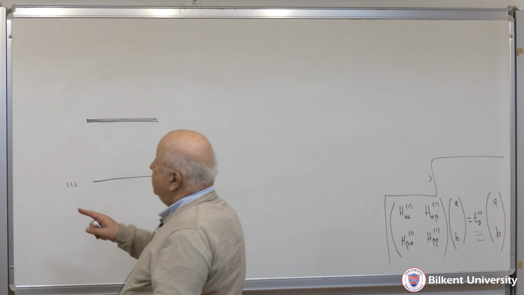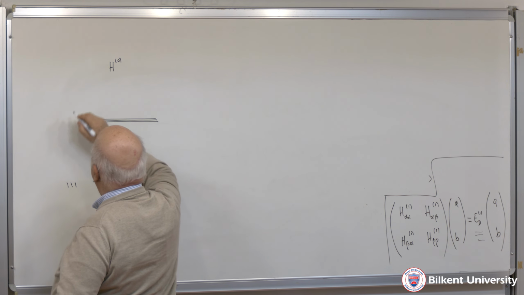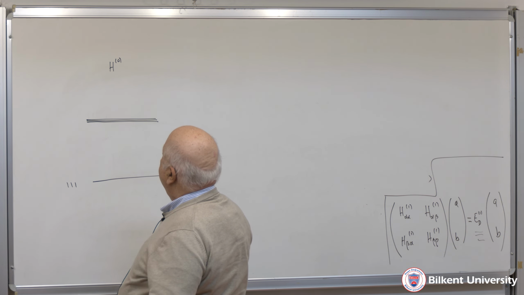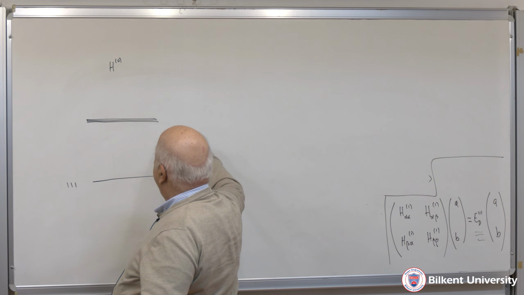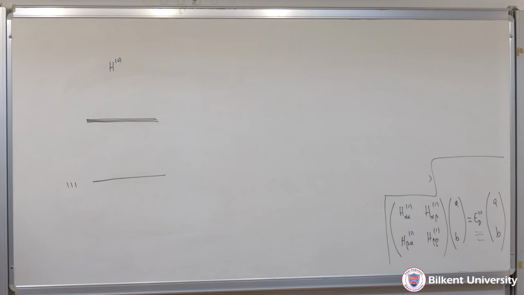Okay, so these are the H0 eigenstates. So they are the E0 eigenstates. And I have one which is not going to change its energy because its eigenvalue is 0.